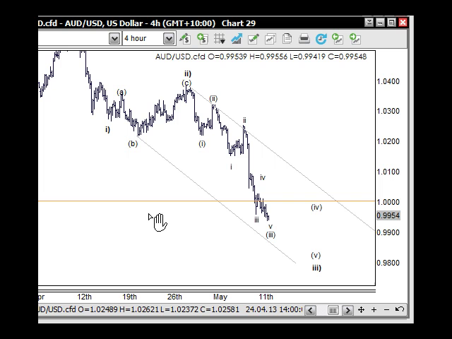We just need to watch the development of their internal wave structures, so we can work out what move will be coming from them next. It's not like we're going to miss anything from them anyway, because we don't have a clear impulse wave on them to the downside as yet. So we'll be looking for 5 waves down and 3 waves back up, and that's a long way off yet. So the longer term trade for the precious metals is not there just yet.